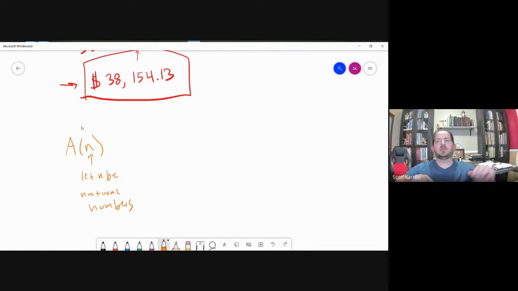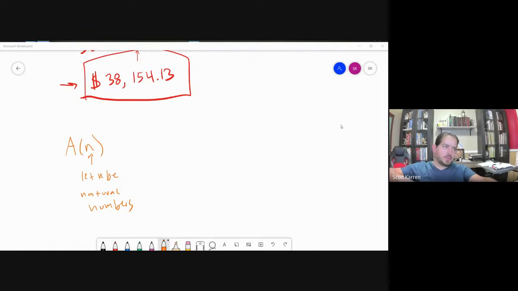Instead of t being, say, 1.5 years or 1.2 years or 1.06 years, I just want n to be integers, really, positive integers, so natural numbers, right?